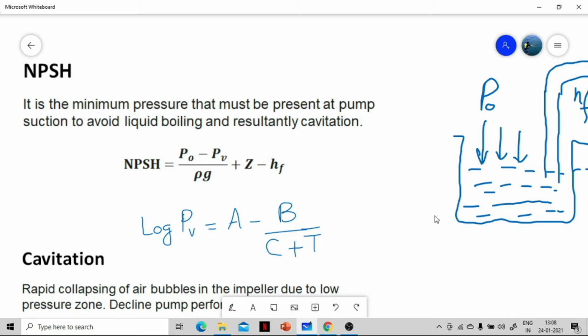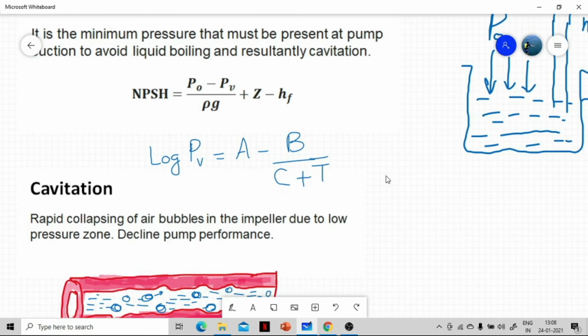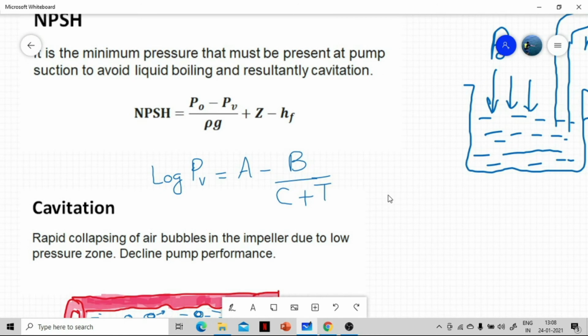So the next is cavitation. That happens due to the low NPSH compared to the required. If the NPSH, net positive suction head, is lower than the required, what will happen?